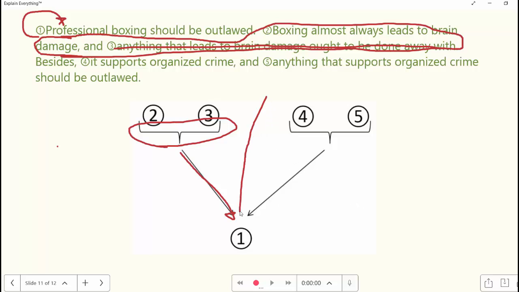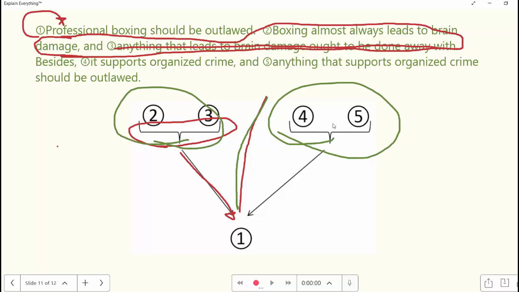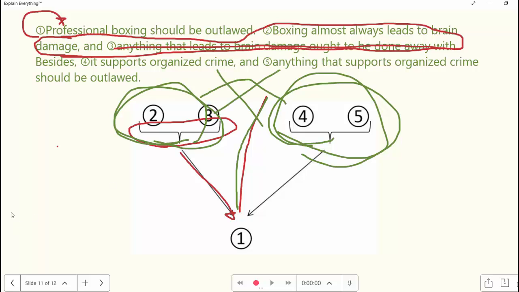That's why there's space in between. Let me use a different color. That's why there's space between these guys. Because even though 2 and 3 rely on each other to get 1, and 4 and 5 rely on each other to get to 1, these don't rely on each other. Right? We don't have that happening here.